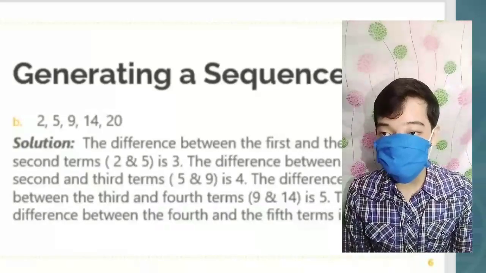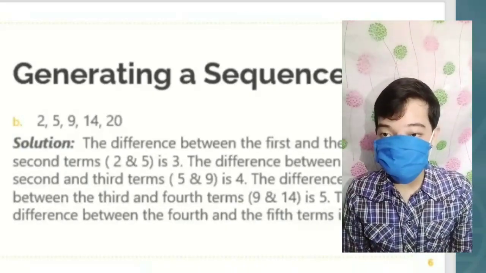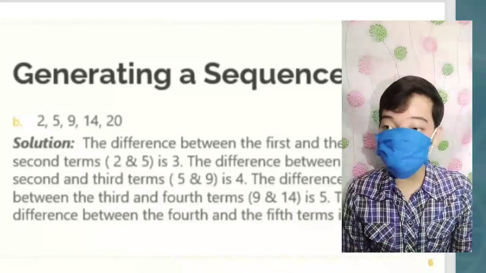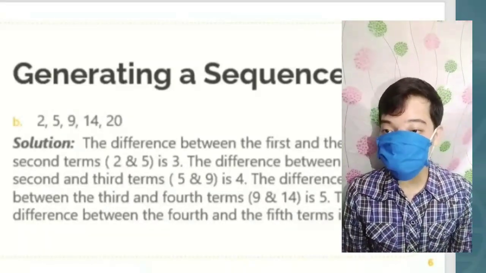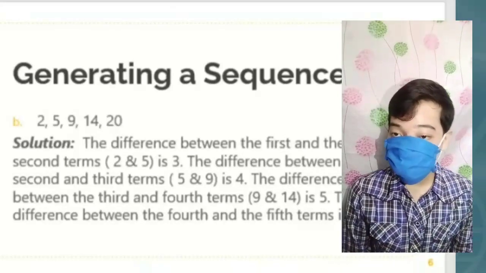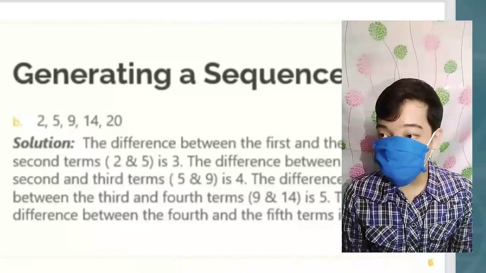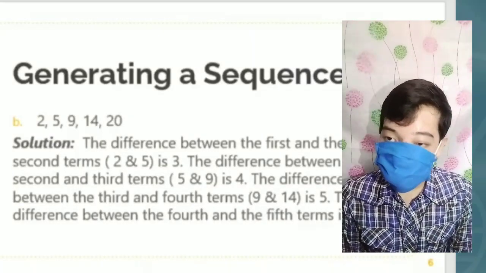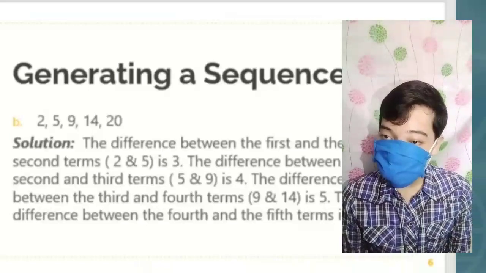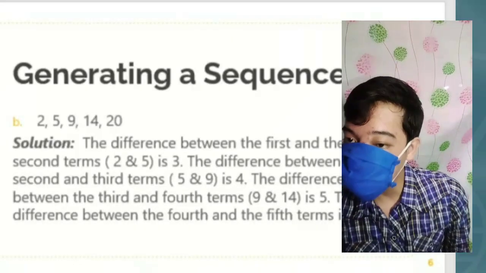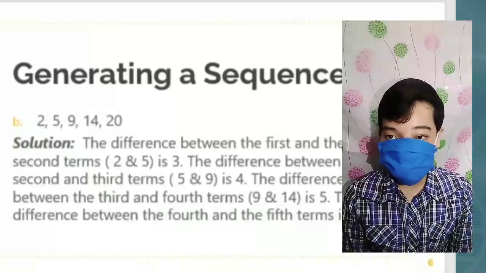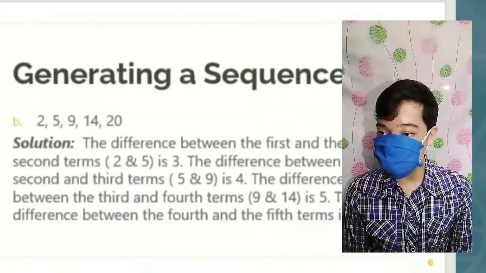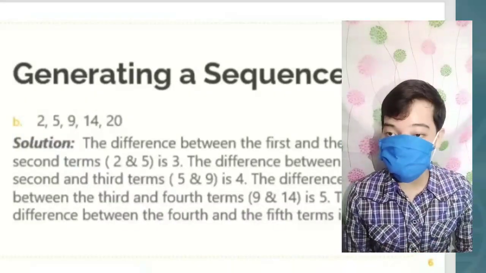The difference between the third and the fourth term, 14 minus 9, is 5. And the difference between the fourth and the fifth, 20 minus 14, is 6.